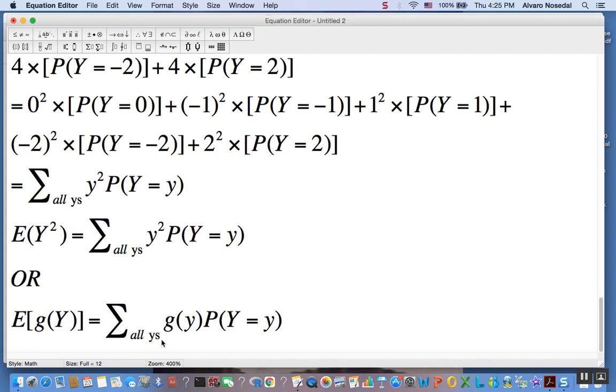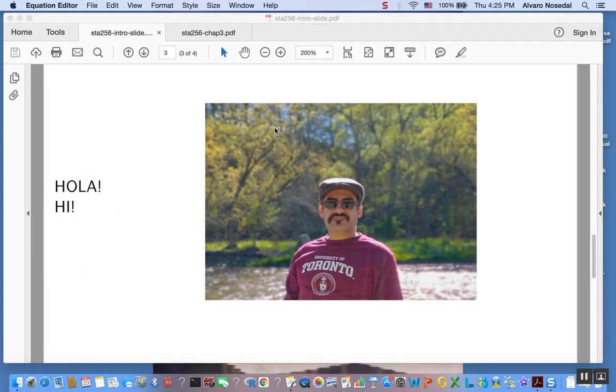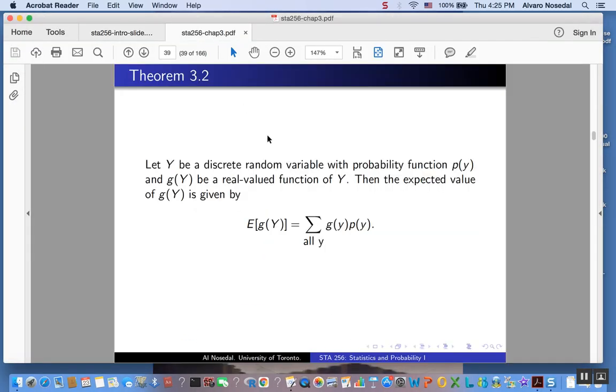Now, let me show you the statement of the theorem. That's Theorem 3.2 from our textbook, and that's basically what we have done here. We showed a particular case of this theorem where g of y was y squared.